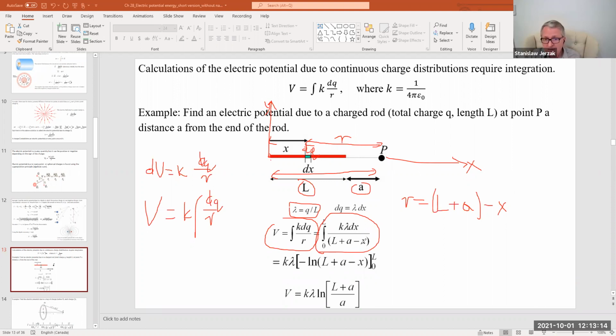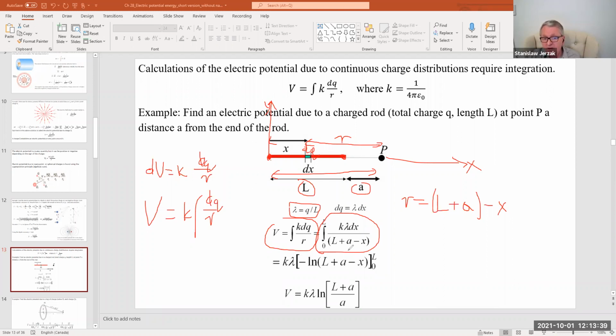And now this integral would have to have limits, because my variable now is x. So the limits of integration would be from the smallest value of x, which is this chunk at this end of the rod, to this point, where x then would be equal to L. So limits of integration would be from 0 to L.